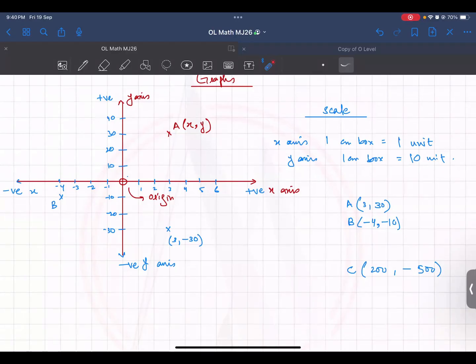And you have to be very accurate when you're working with graphs. Your pencil should be sharp. You should have a scale. You should have an eraser. Whenever you plot the point, you can either make a dot or you can make a cross. It's up to you. If you're making a dot, make it simple, easy, small.